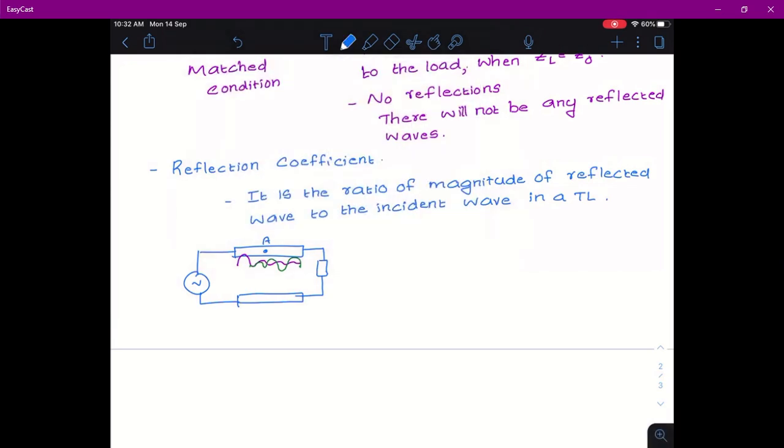So, by equation we know that the voltage at any point is equal to V0 plus e raised to minus gamma z plus V0 minus e raised to plus gamma z. And we also know that this is for the forward travelling wave and this is for the backward travelling or reflected wave.